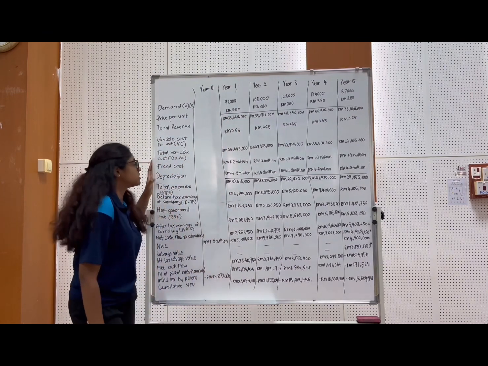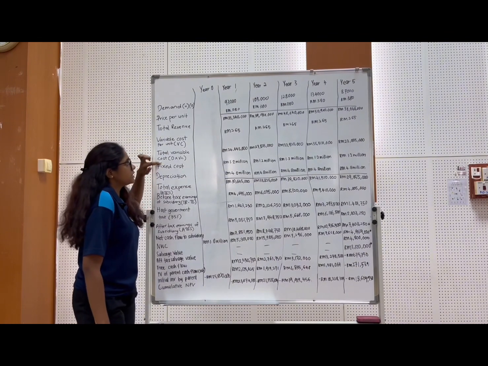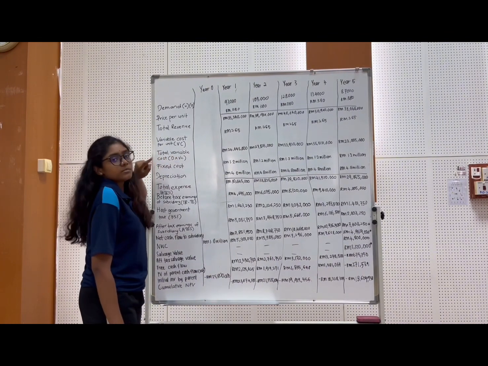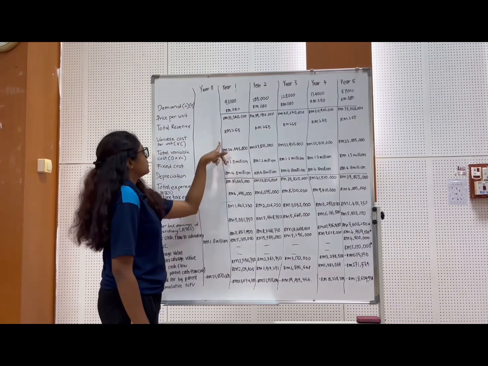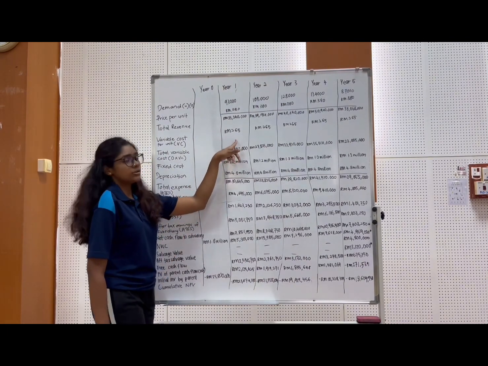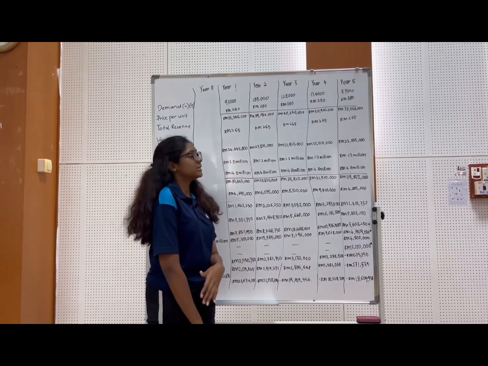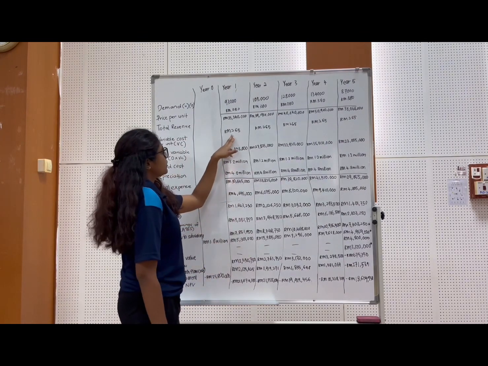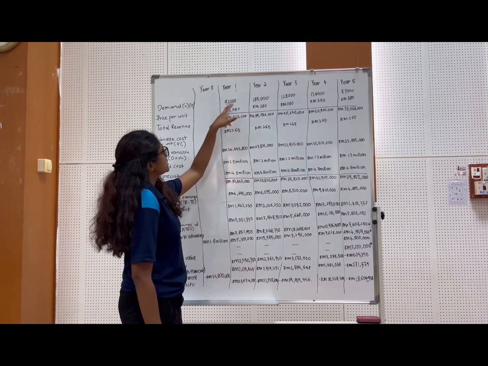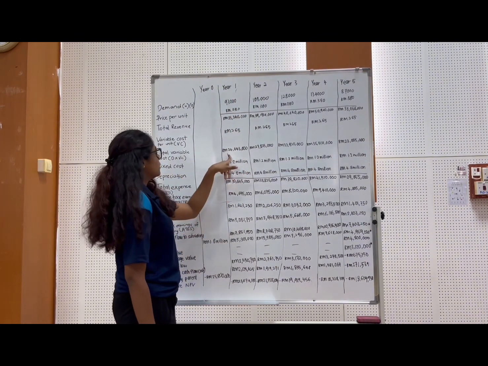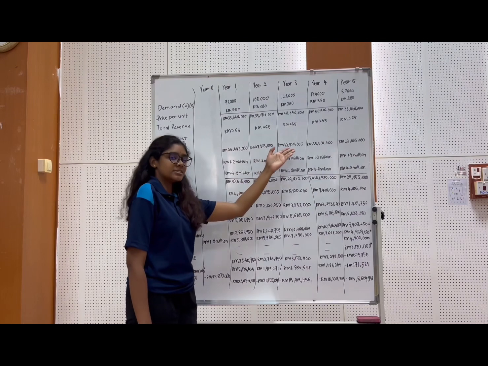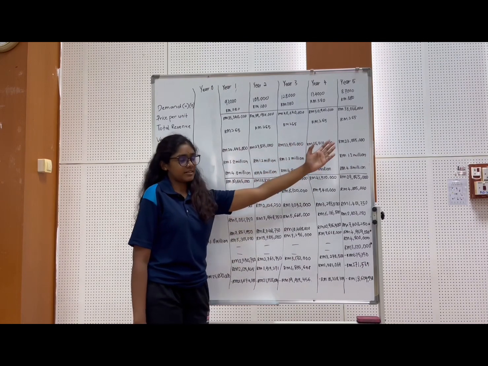Next is total variable cost. To find total variable cost, we have to multiply variable cost per unit with demand. Variable cost per unit for all the years is 265, so we just multiply 265 ringgit with the demand of the year accordingly, so we will get 24,000, 27,000, 33,000, just like this.